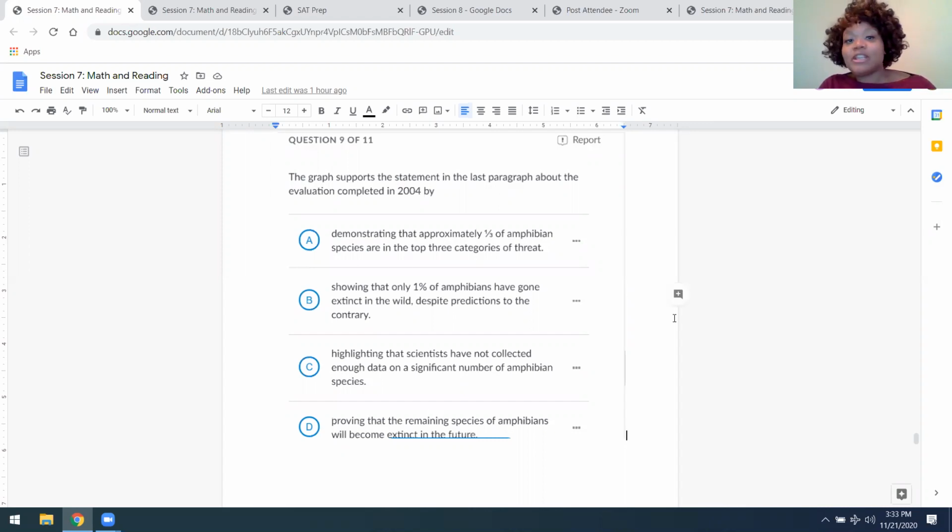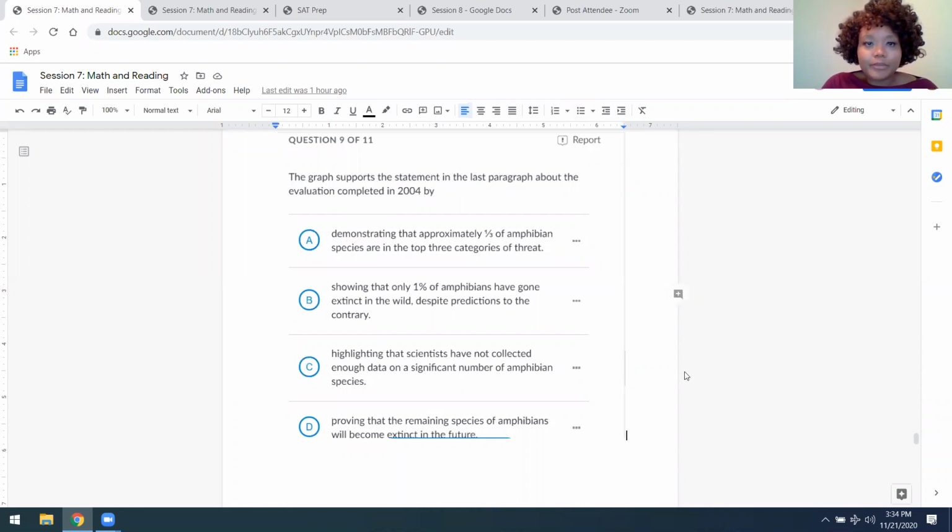But when we read that part that comes after the comma, despite predictions to the contrary, that's just untrue. So even though the first part is right, just eliminate the whole thing. The whole thing is wrong, because every word counts in the answer choices. So option C, highlighting that scientists have not collected enough data on a significant number of amphibian species.